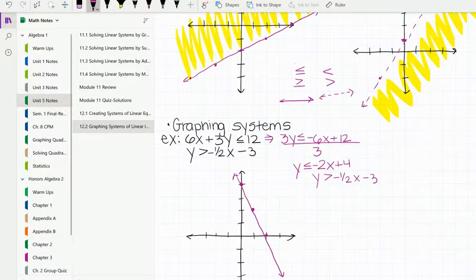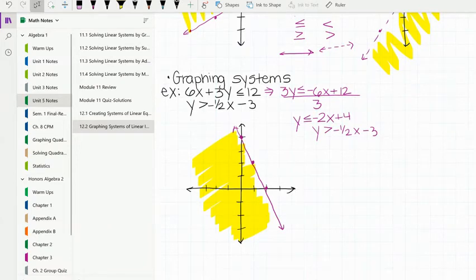Some students like to use colored pencils or highlighters. Obviously, pencil is fine too, and you can just lightly shade. I'm going to use a highlighter. Because it's less than or equal to, I'm going to shade everything that is on the smaller side because it's less than.